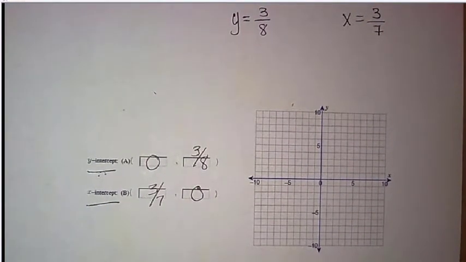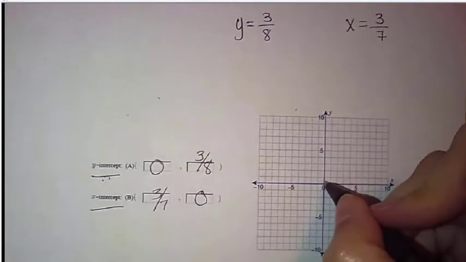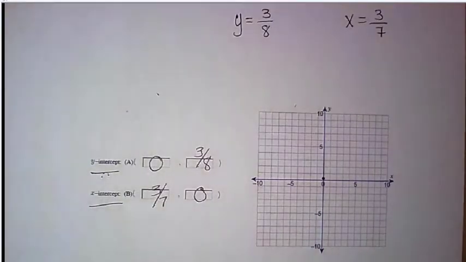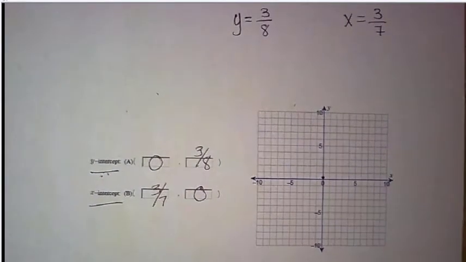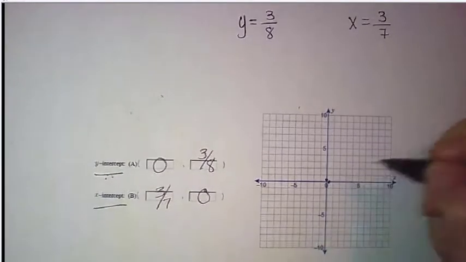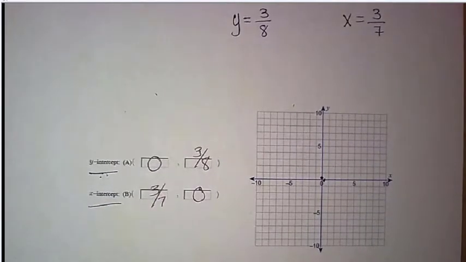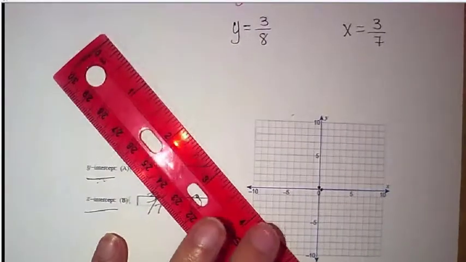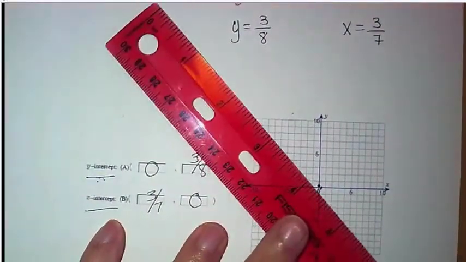But 3/8 would maybe be about right there on our y-axis, and then 3/7 would be just about right there on our x-axis. Again, pretty close to 0. They're pretty small fractions. And we're going to connect those dots.